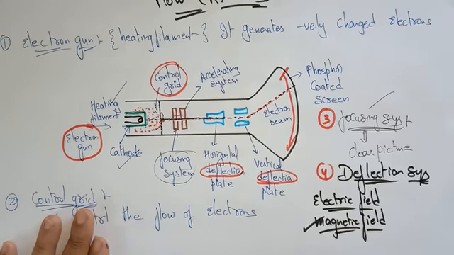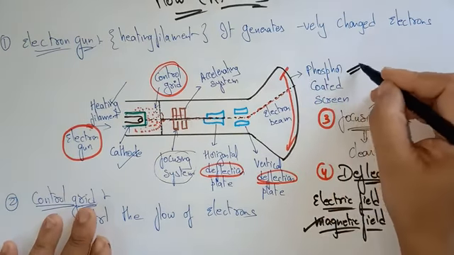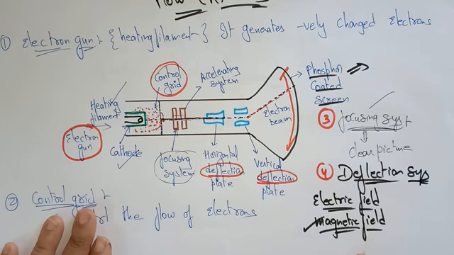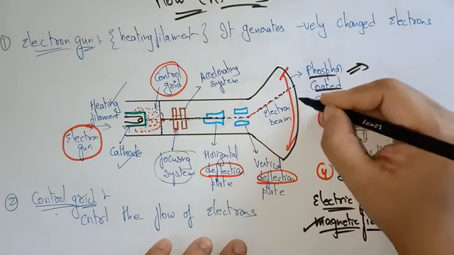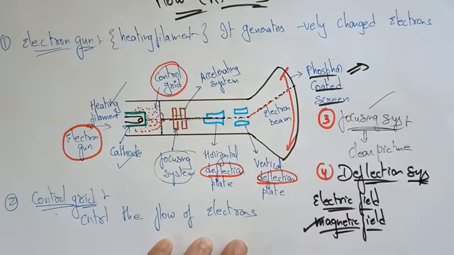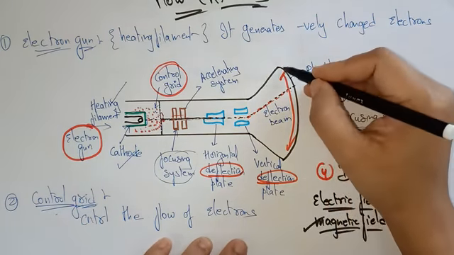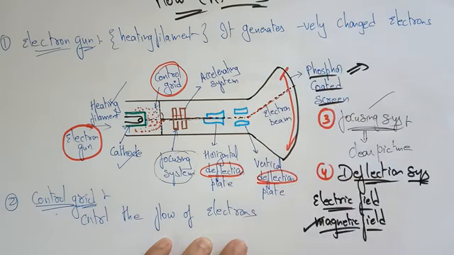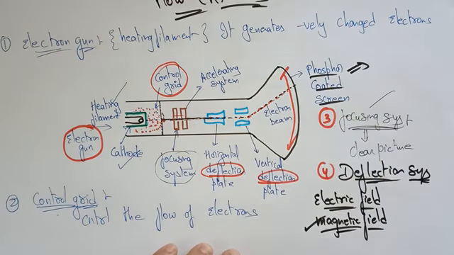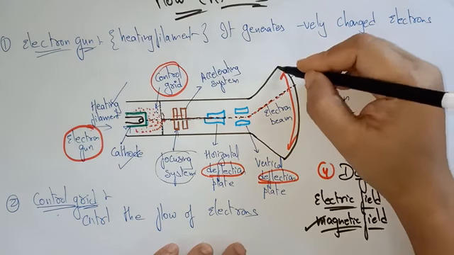And the final one is the phosphorus coated screen. What is the use of this phosphorus coated screen? The inside front surface of every CRT is coated with phosphorus, not the outside. If you see the monitor, nothing is there on the outside, only the inside.